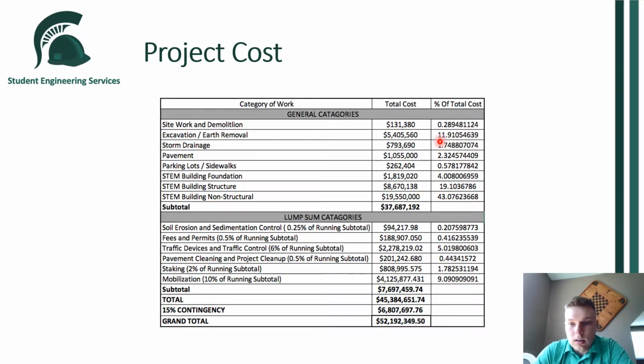To the right you can see the total project cost, or total percentage of project cost, and then that total with the two subtotals combined. Then we calculated the grand total based off of a 15% contingency, and our final total is $52,192,349.50.